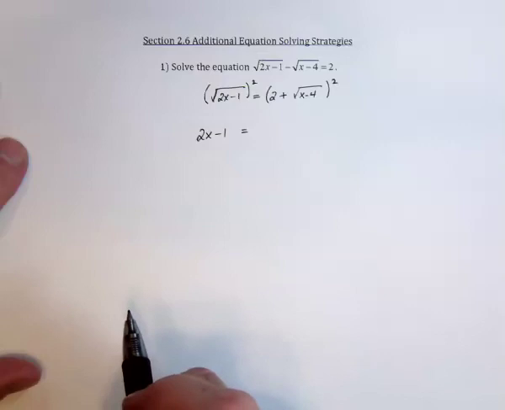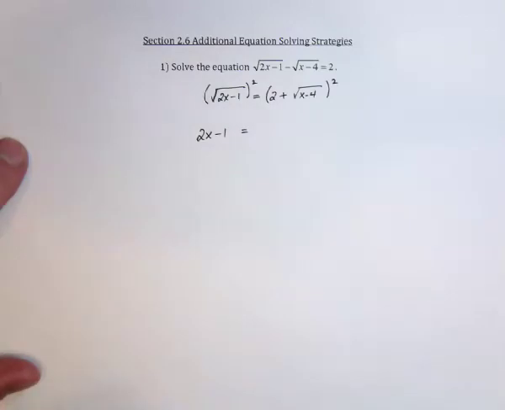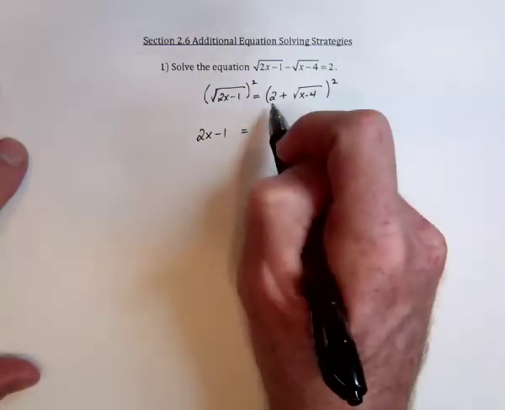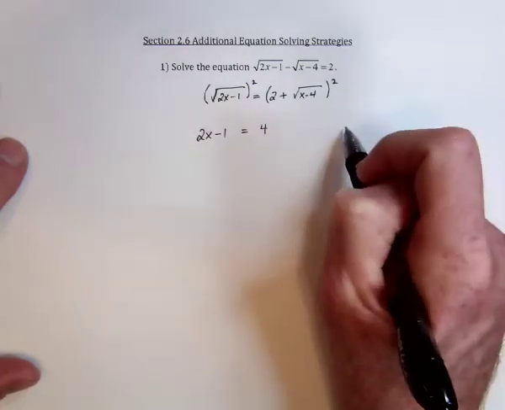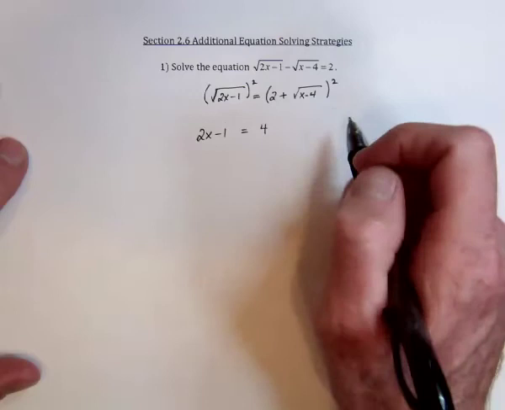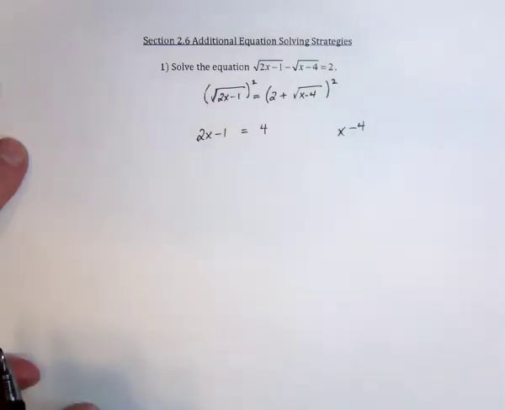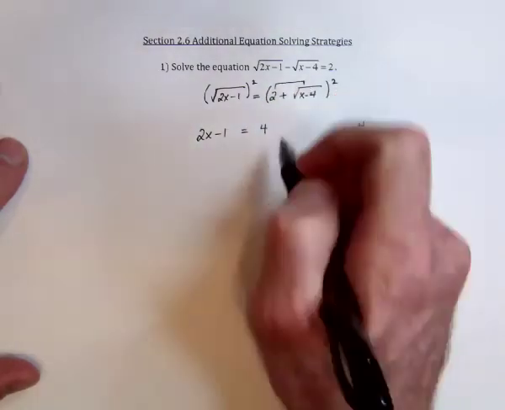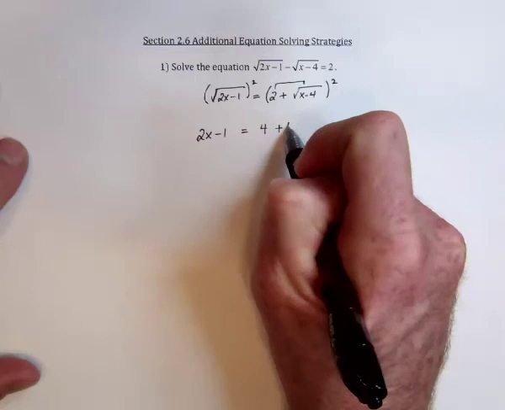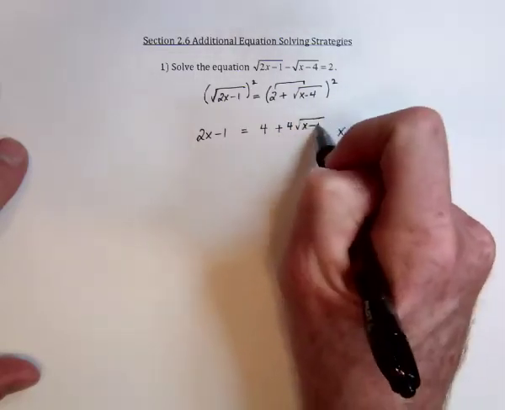On the right-hand side, we need to multiply this by itself using FOIL or the distributive property, or you can use the shortcut that you square the first item, leave some space, square the second item, and in the middle you multiply the two and double the result. So it would be a 4 and then square root of x minus 4.